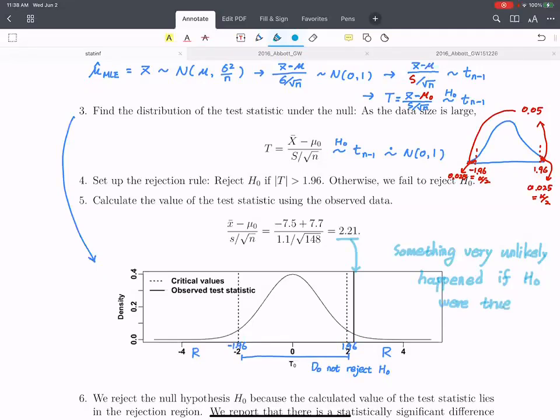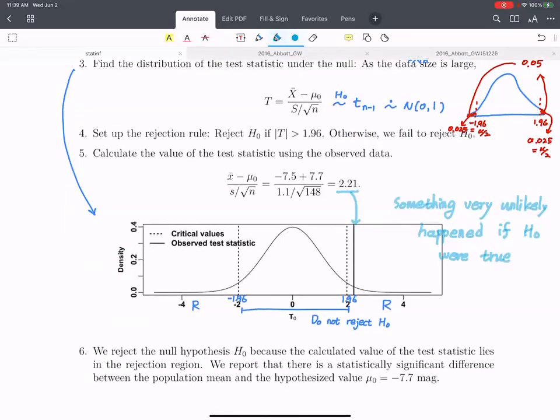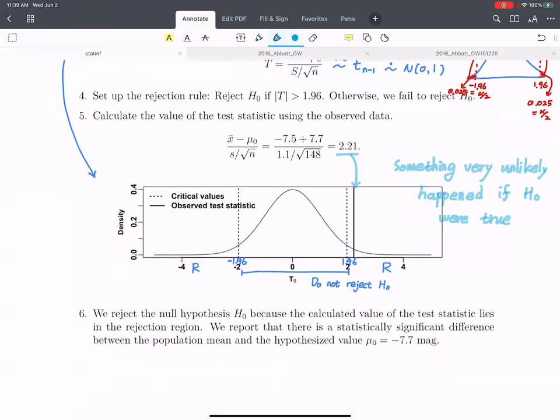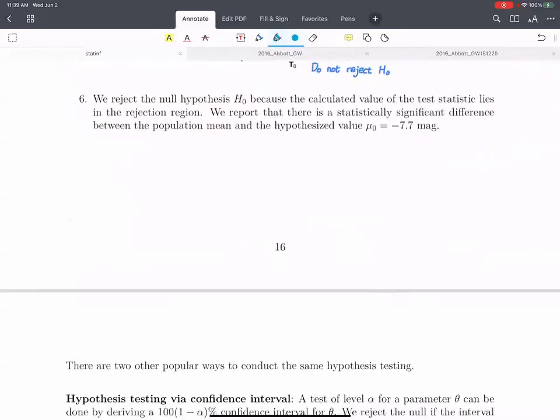Because the test statistic lies in the area where the probability is just a very small number, like 0.05. One out of 20 cases, it will happen, but that actually happened based on the test statistic. So we make a conclusion that we reject the null, and we report the statistical significance between the population mean, the known population mean, and the hypothesized value equal to negative 7.7. That's the t-test, the one sample t-test.